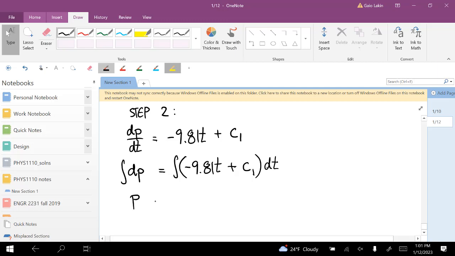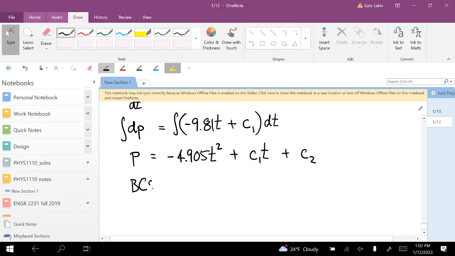And we get that P is equal to negative 4.905 t squared plus C1 t plus C2. Since we couldn't use either boundary condition at the halfway point, we have to use both boundary conditions now at the end.